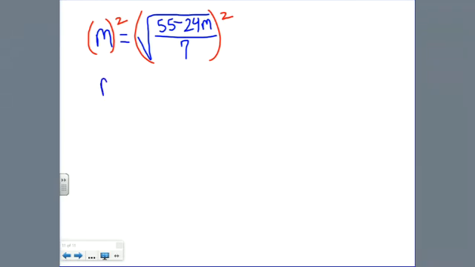So we have m squared. And on the right side, the root 2 cancels out with the exponent 2, leaving us with just 55 minus 24m all over 7.